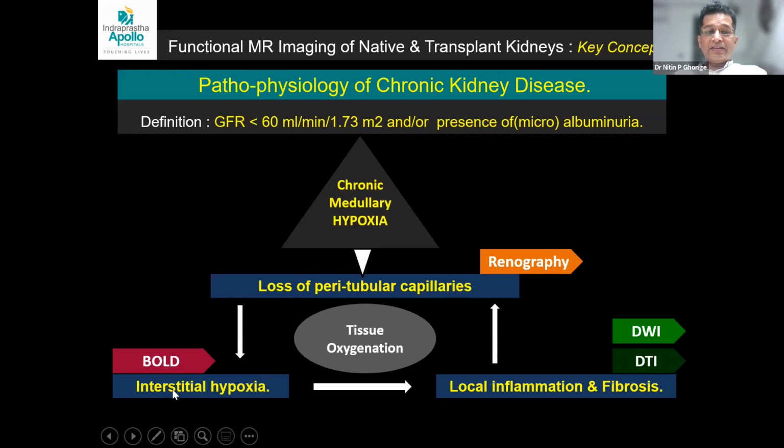This leads to interstitial hypoxia, which can be picked up with the BOLD MRI technique, while local inflammation and fibrosis can be picked up with diffusion weighted imaging and diffusion tensor imaging, and loss of peritubular capillaries can be picked up with renography. So these are different sequences.